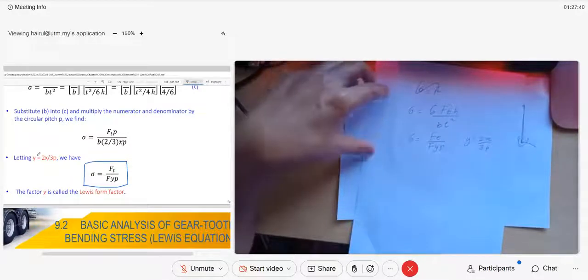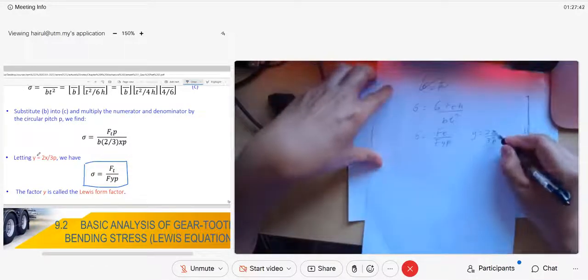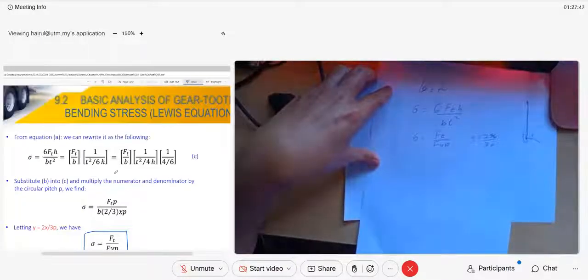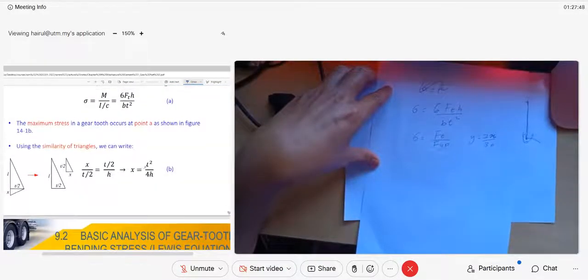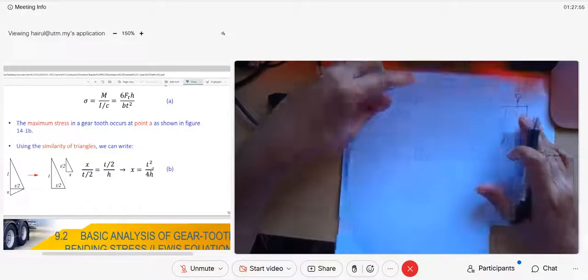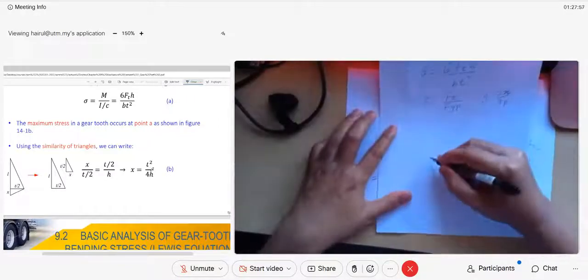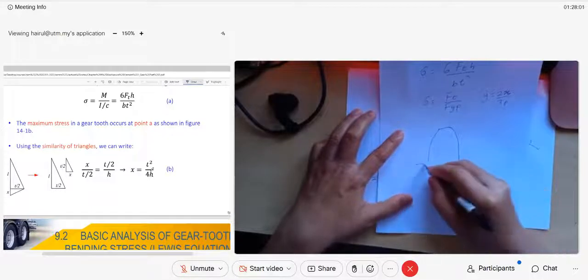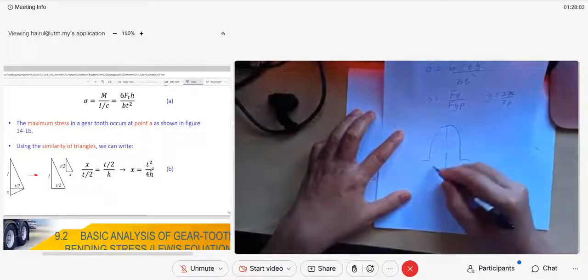So what is X and what is P? X is mentioned here. X is your thickness over 2 over 4h. So this is your gear tooth, and this is your neck, like a cantilever beam.